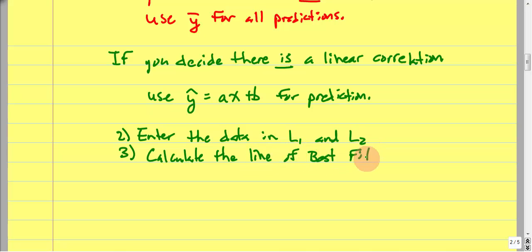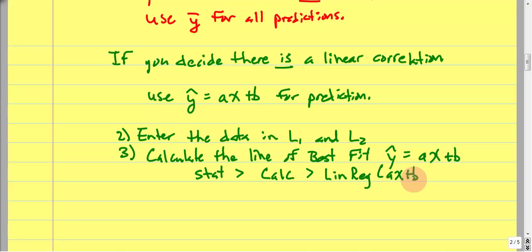One way is to look on our calculators under Stat, Calc. So we go to the Stat button, look under the Calc menu, which I think is arrow over 1, and then look at linear regression, ax plus b. If you look further down, there's a linear regression a plus bx. It doesn't matter which one you use, you just have to be very careful about which coefficient is your slope and which is your y-intercept.